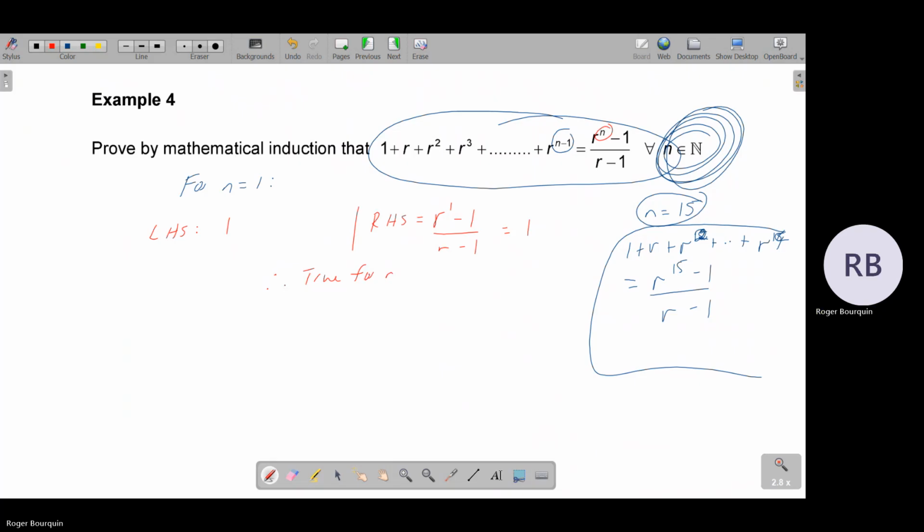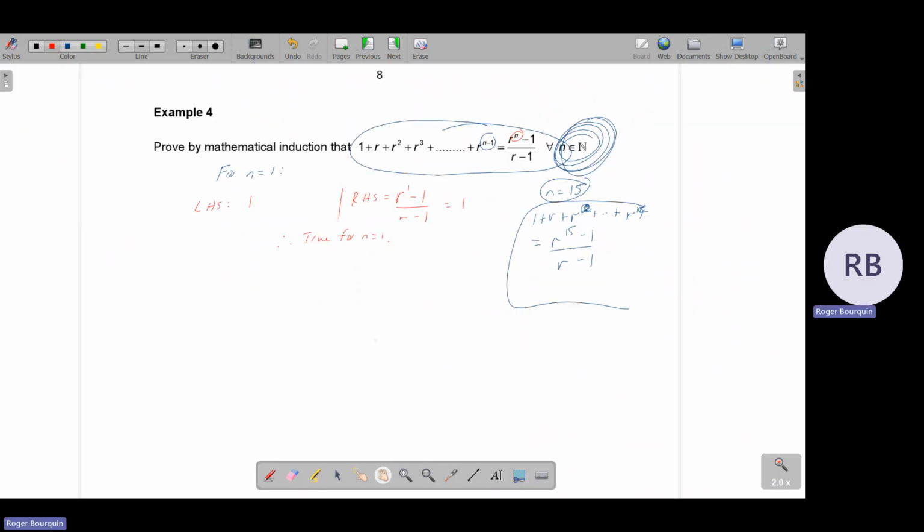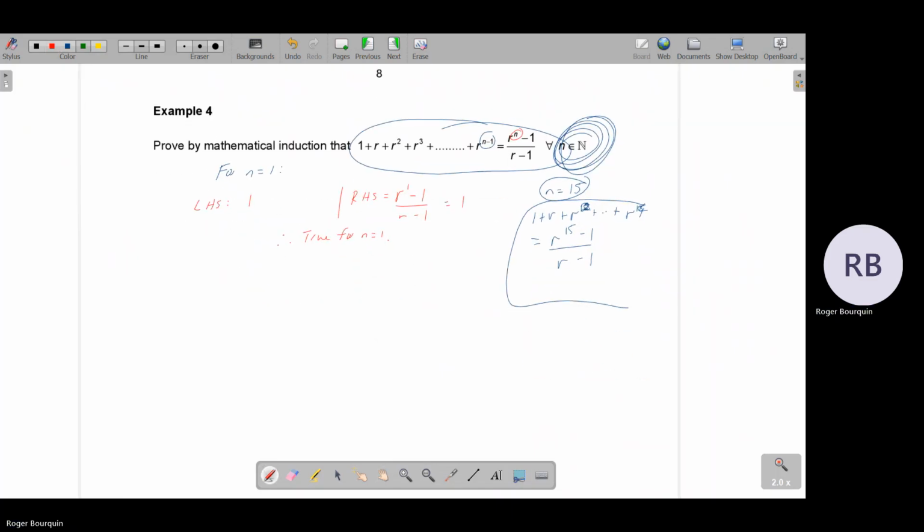Right. So I proved it's true for n is equal to 1. The next step, please, Voyager. In other words, Voyager, what do we have to assume?